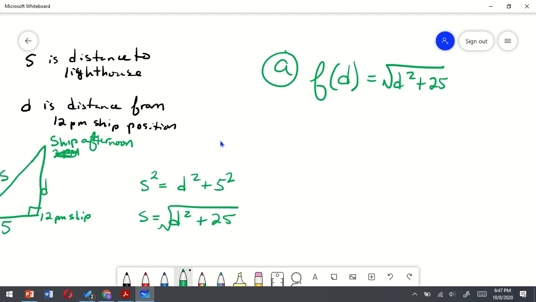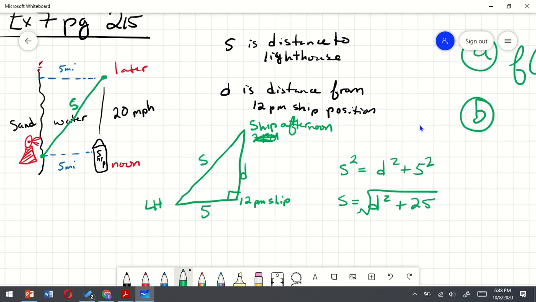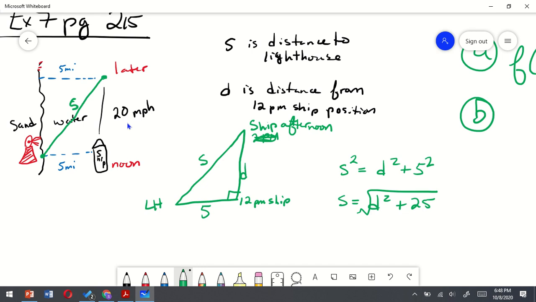In part B, the second part of the problem, they ask us to express d as a function of t, to express the distance between the ship's position now and its position before as a function of time, where t is the time that elapsed since noon. So part B is actually a simpler function to find because we know the ship is going 20 miles per hour.